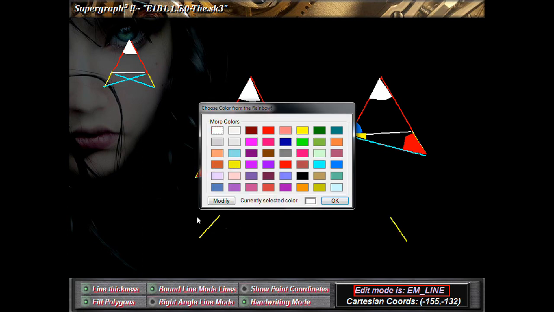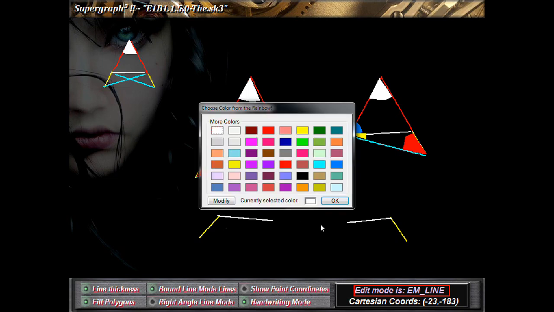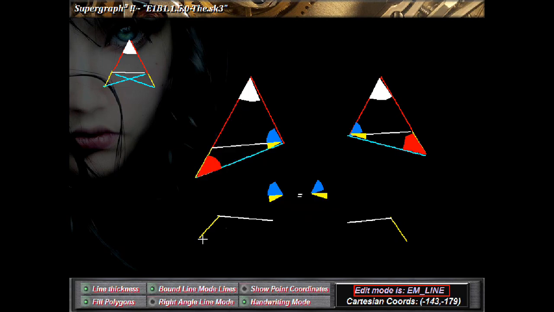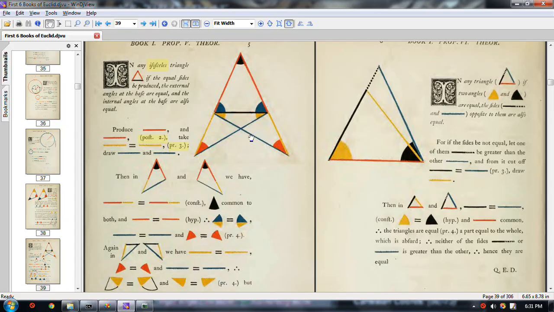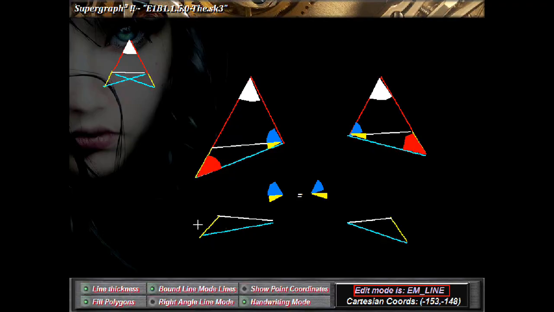White, here, blue. So these triangles, right, are taken from here and here, have yellow in common, right?